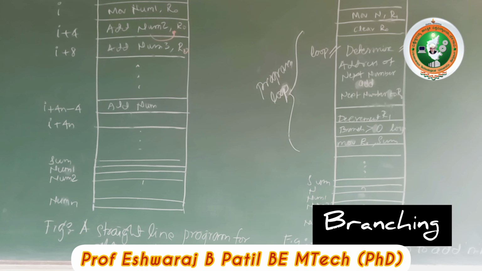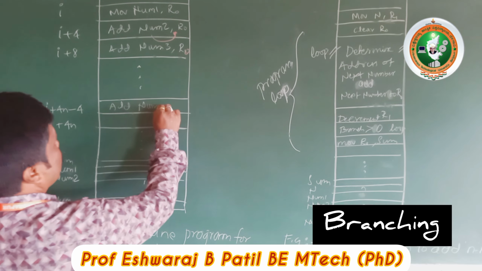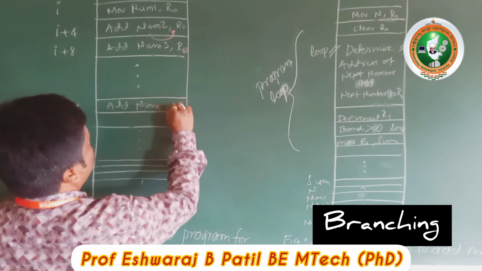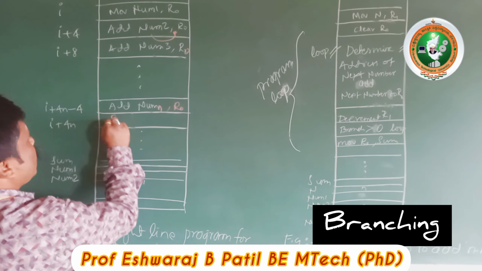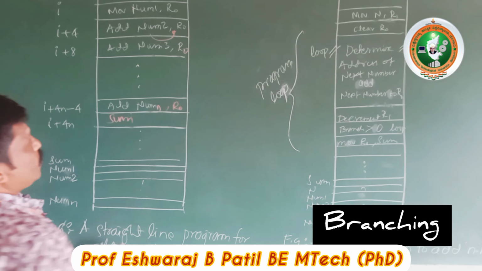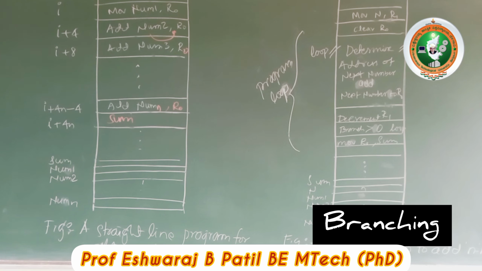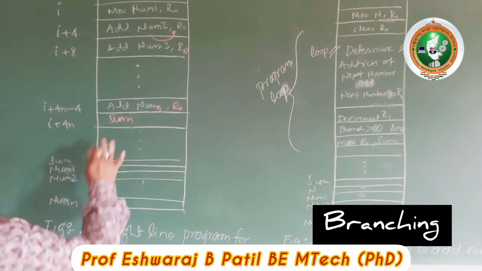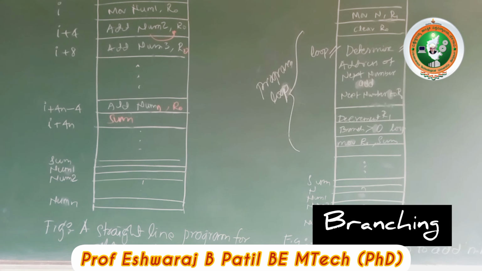We are adding the n numbers, number 1 up to number n, with R naught itself. The sum will be stored in register R naught itself.